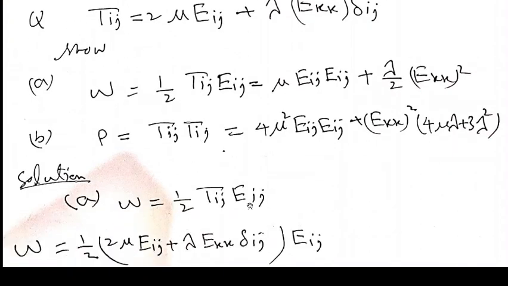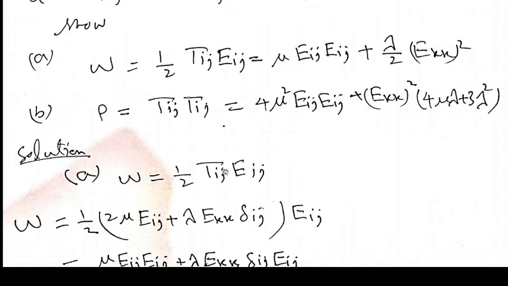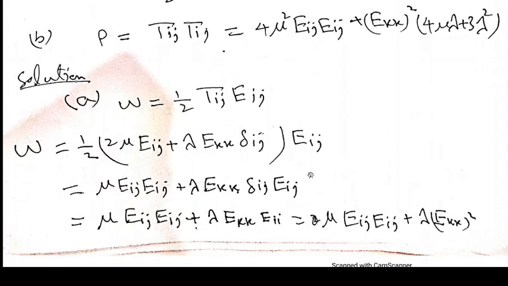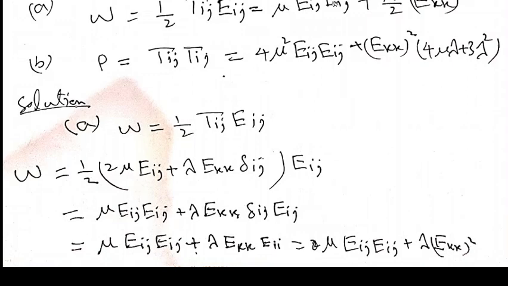W is equal to one by two Tij Eij, and we use the value of Tij which is given in the question, with Eij as it is. Now we simply open this parenthesis. The 2 will cancel out: mu Eij Eij plus lambda Ekk delta ij Eij. Now this will remain the same, and this is the first term of the result.